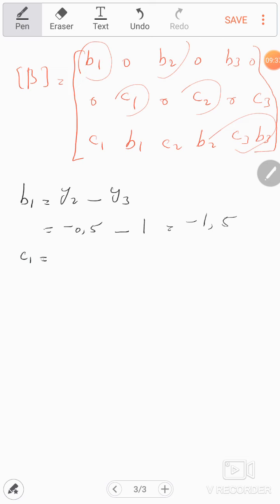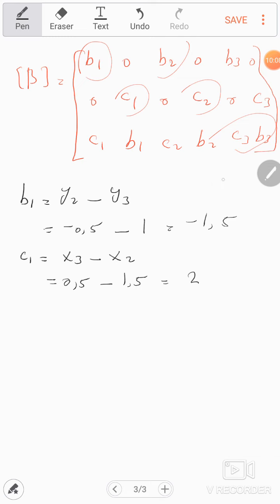c1 equals x3 minus x2. Just substitute the values of x and y of your element. Half minus 1.5 equals minus 2.